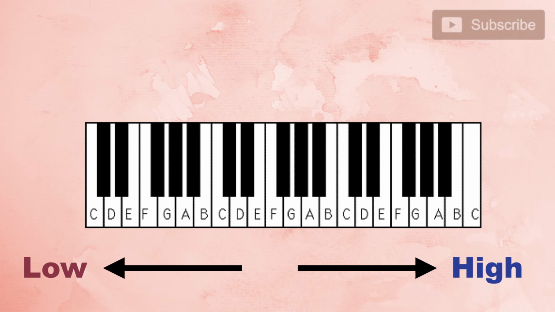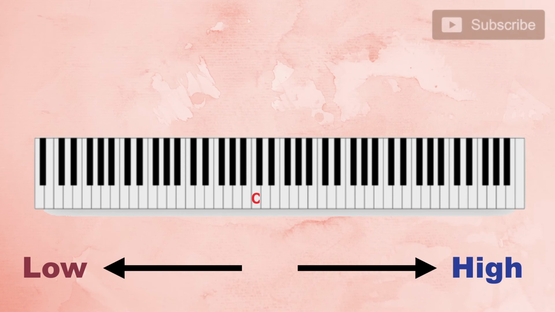Over here, this C doesn't have two black keys, but it's still C. Another thing that's important to note here is the alphabets and how the alphabets keep repeating. A, B, C, D, E, F, G, A, B, C, D, E, F, G, over and over again.